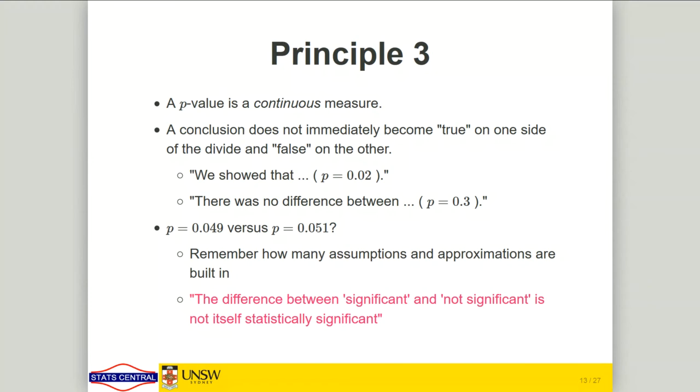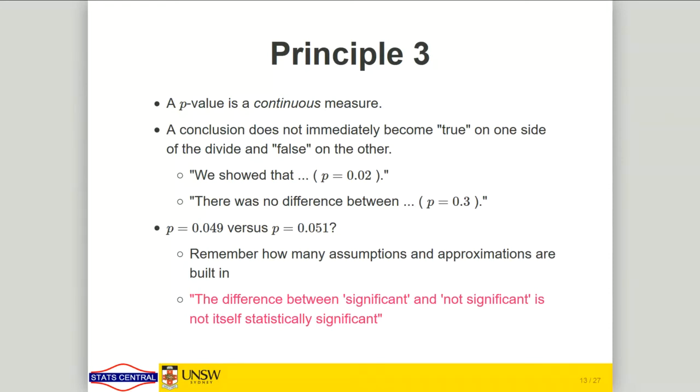I think the thing to remember in that situation is how many assumptions and approximations are built into calculating this p-value. This goes back to thinking about our null hypothesis model being like a random number generator. For your p-value to be accurate, you need this random number generator to be pumping out random numbers exactly like what they would look like if the null hypothesis was true.